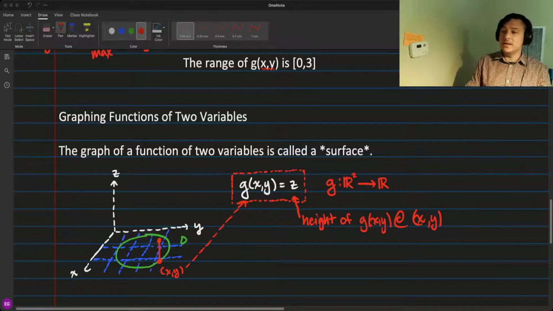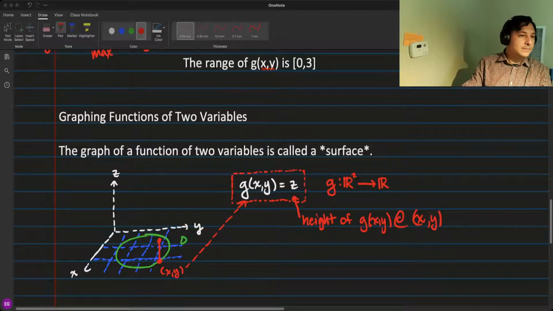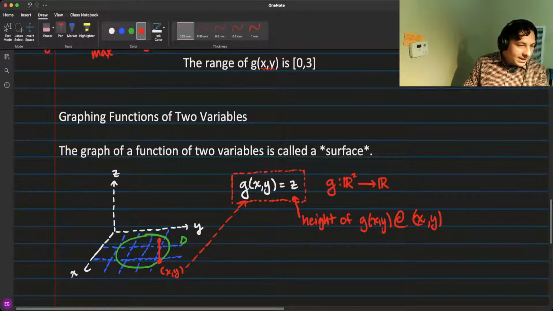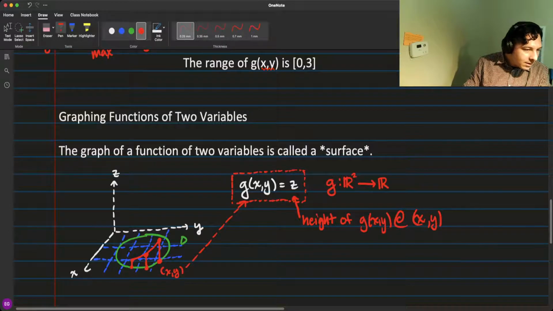And you can keep doing this for all of the other points. Maybe at this point right here, the height or the z value is smaller. And maybe at this point right here, the height or the z value is even smaller. So what you do is you get this shape. I'm drawing what happens.